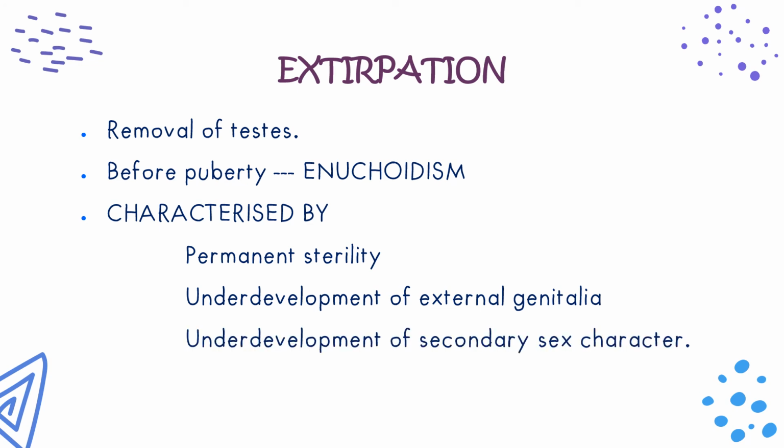Underdevelopment of secondary sexual characters: hair growth on face, trunk, axilla is scanty, voice is high pitched like that of a child due to underdevelopment of the voice box, muscle mass and shoulder girdle are poorly developed, with a female-like body configuration. All these things happen if the extirpation happens before puberty, and also abnormal bone growth.